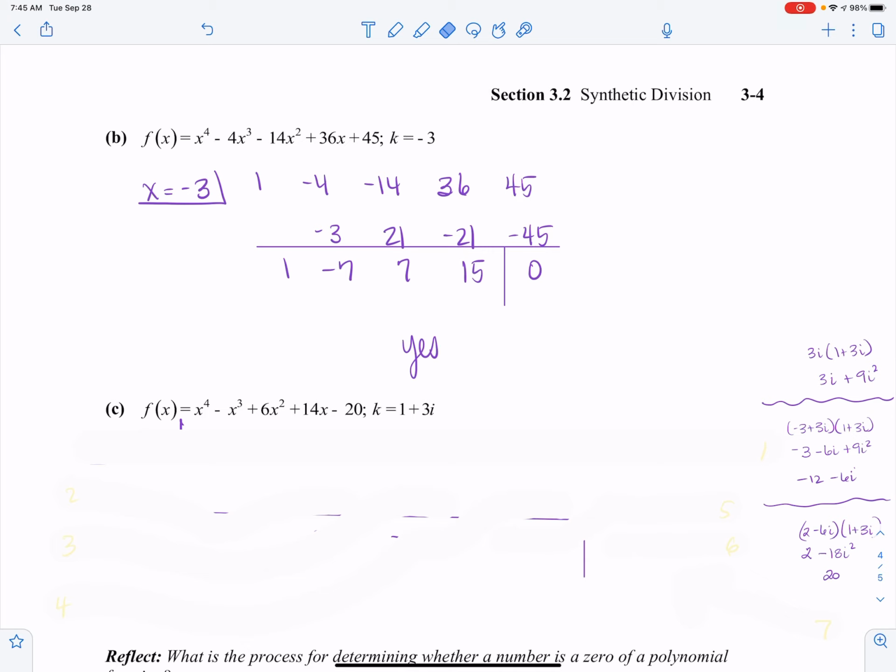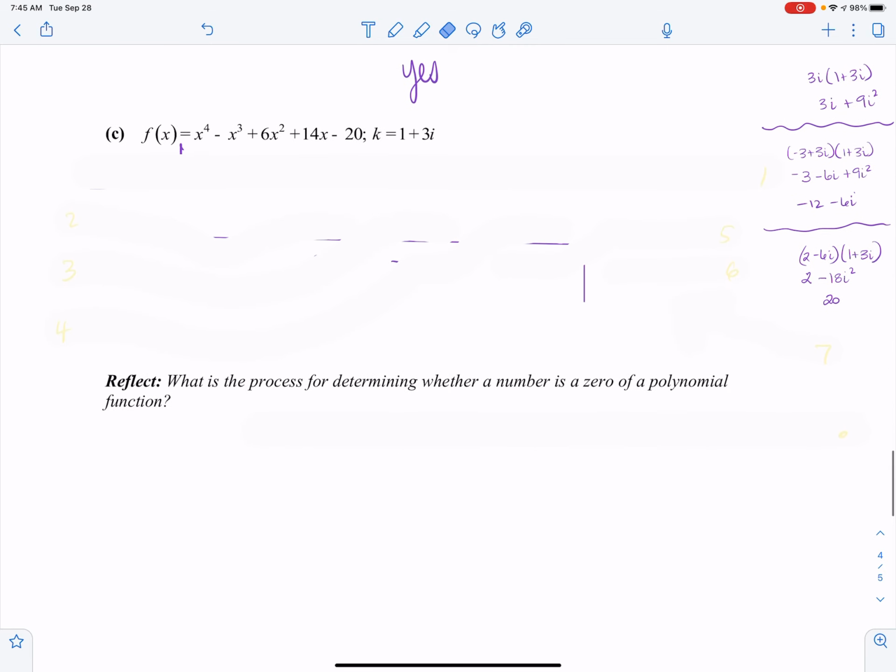Now for part C, this one's a little more challenging because now I'm being asked about this complex number. Is it a 0 of my polynomial? We're going to work it the exact same way. I spread my coefficients out a little bit more because I need more room on this one. The first thing I'm going to do is bring down my 1 and multiply by the box.